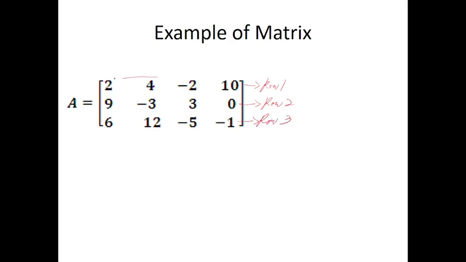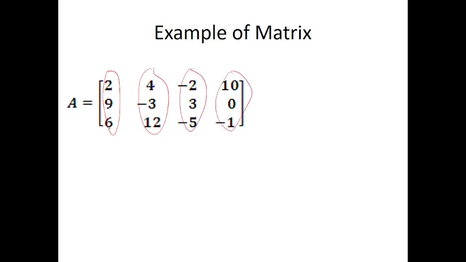Then it also has columns. We have four columns: column 1, column 2, column 3, and column 4.